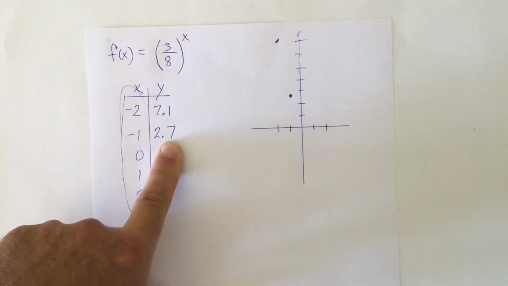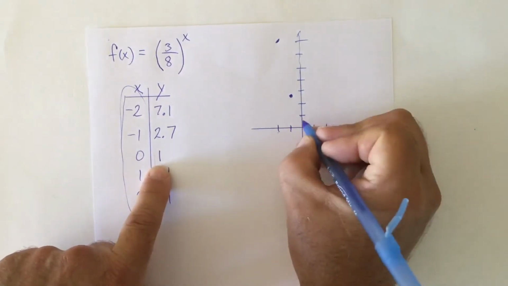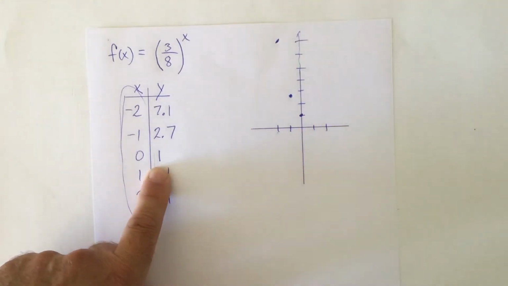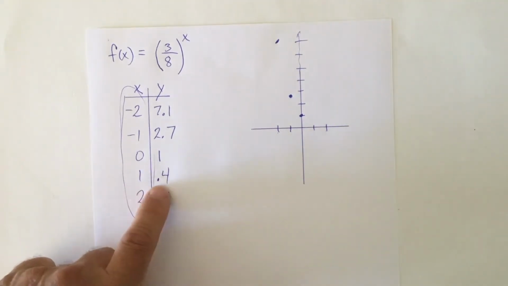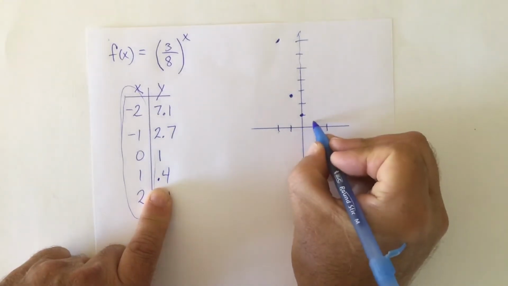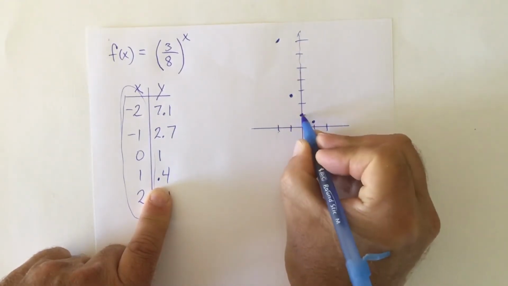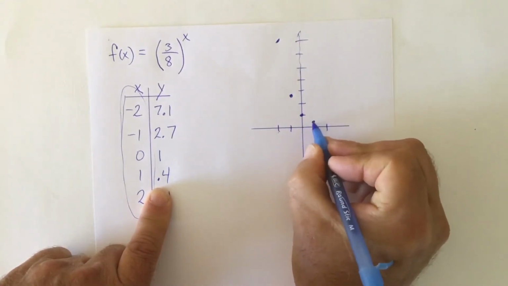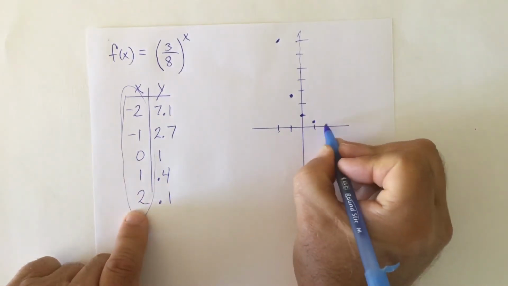Don't worry about it. I will get it that you estimated the location of that value. Plug in 0, get out 1. Plug in 1, get out 0.4. That's about right there. If that's 1 unit, that's about 0.4 units. Plug in 2, get out 0.1.